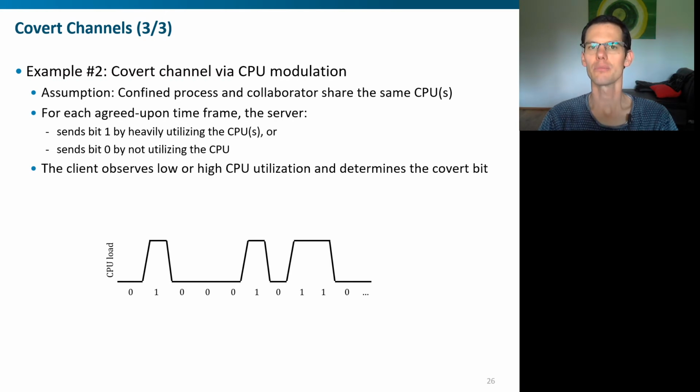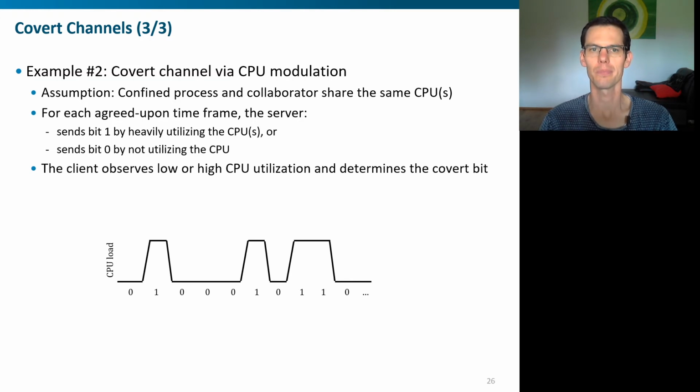And then the process that would like to read the leaked bits would essentially just have to observe the CPU utilization. Like if you look at the figure below, we see that there is a CPU load which is either 0 or very high, and then based on that we can pretty much infer which bits are currently leaked by the leaking process.